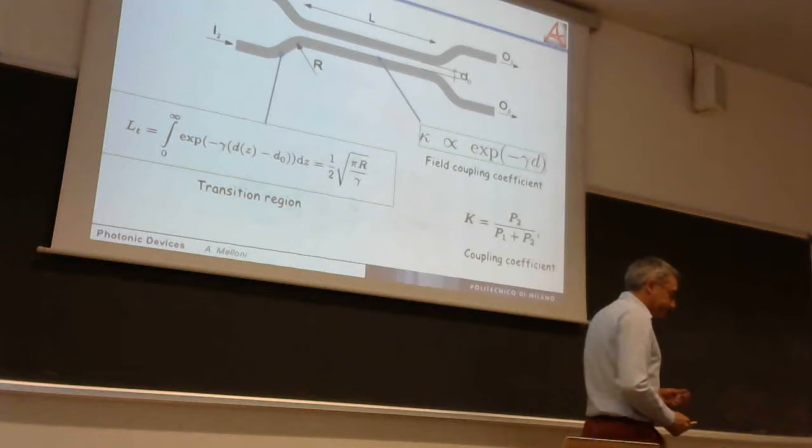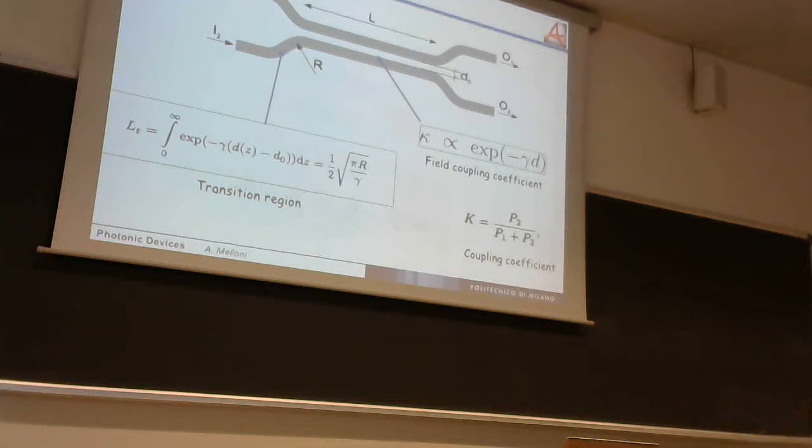This is a finer description of the coupler that we can neglect. You can imagine that this part gives you a residual coupling that in a very accurate design you have to take into account, but it is not necessary at our level.